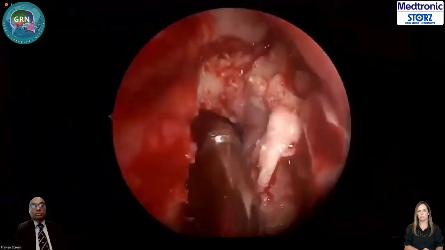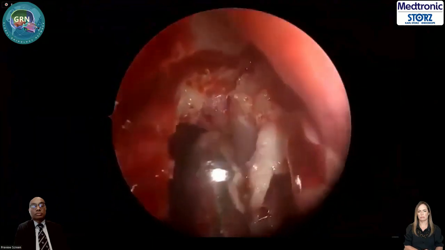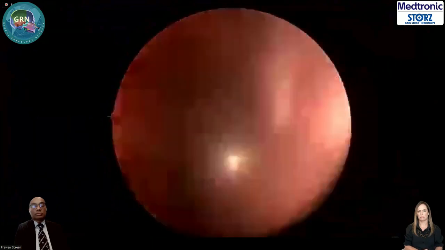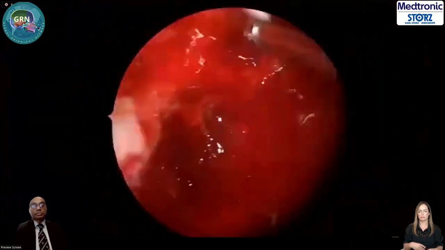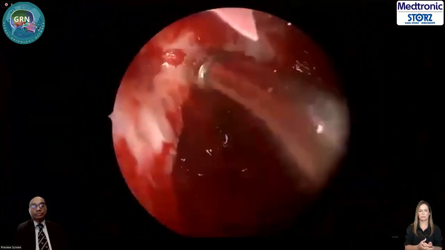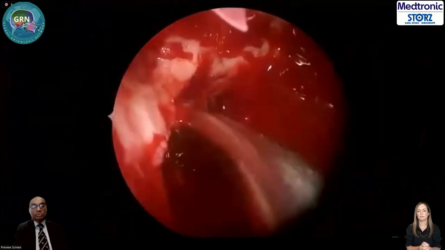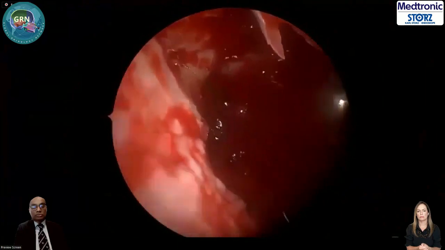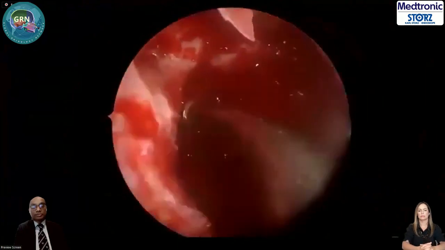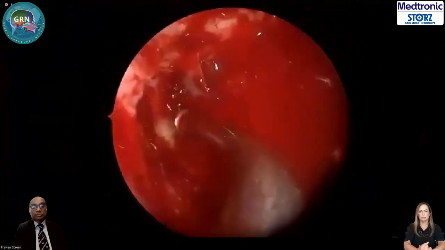You see this is the lacrimal duct intact. The spine of the tumor was here, very long, half a centimeter, and we have drilled it out completely.